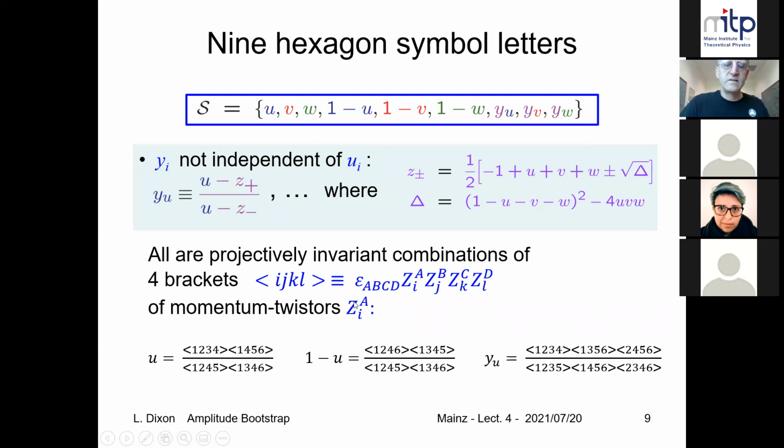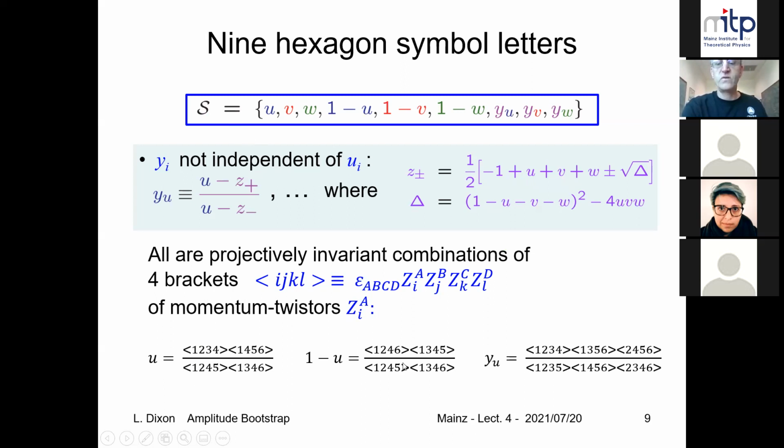As I was saying, they have this projective nature, and therefore, when you want to find things that are projectively invariant, there are not as many quantities to write down as you might think. There are essentially 9 of them. Those are shown here, and they are identified with the cross ratio U, 1 minus U, and YU.